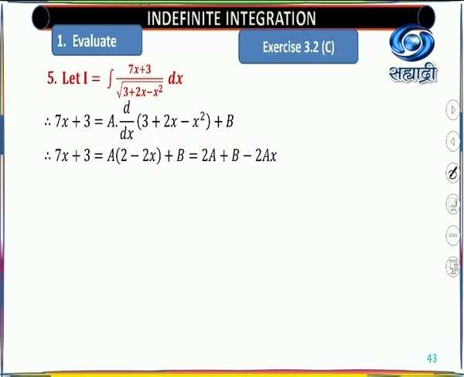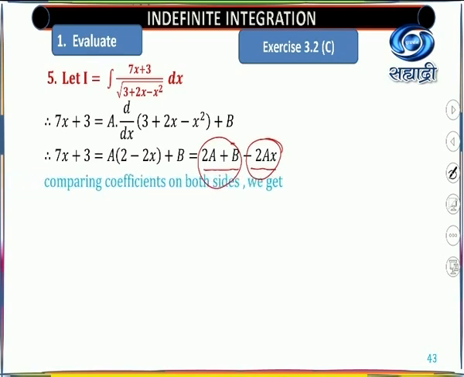So what is the derivative? 7x plus 3 equal to a into 2 minus 2x plus b, which gives you, if you multiply, 2a plus b minus 2ax. Now if you compare the coefficients, because this is the coefficient of x, this one is the constant term. So by comparing the coefficients on both sides, you will get minus 2a equal to 7.